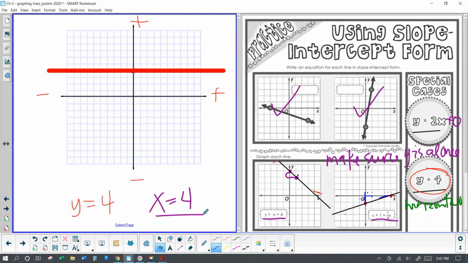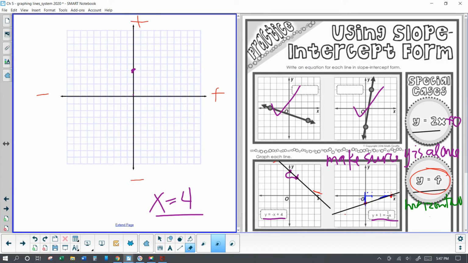So let's go ahead and take off our horizontal line that we just graphed, and we'll erase our horizontal line this time. This time I want to make a vertical line where x equals 4. And all I have to do is go on my graph to where x equals 4 and put my point there.